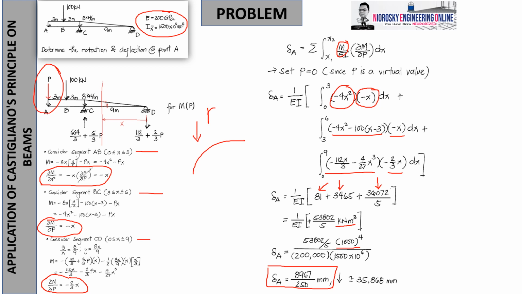As I told you, the direction of the virtual load P is also the direction of the deflection. So therefore, it is very important to denote the proper direction, also known as the true value and the true direction. And if rounded up, it is 35.868 millimeters. So it's almost 1.5 inch. Okay? So that's the final answer for the deflection at point A.